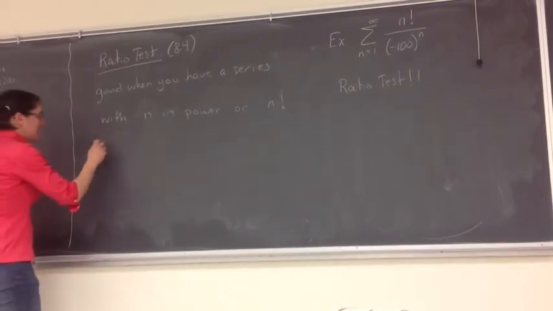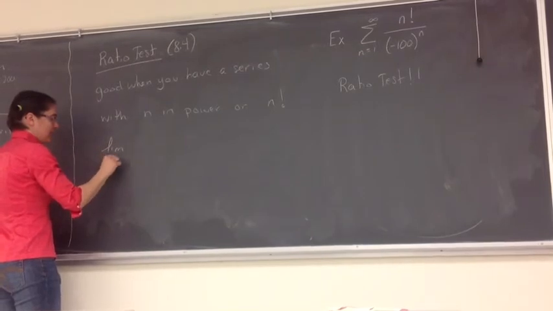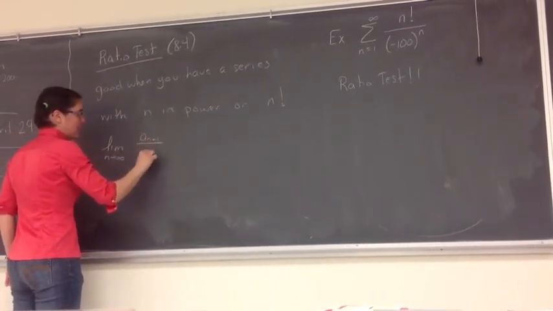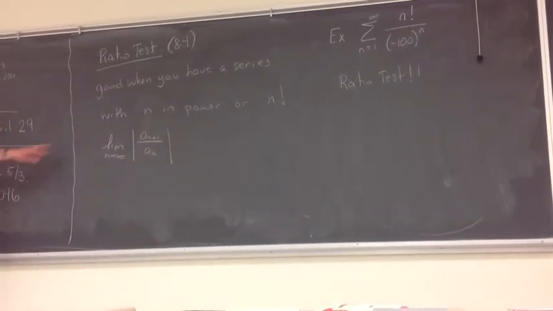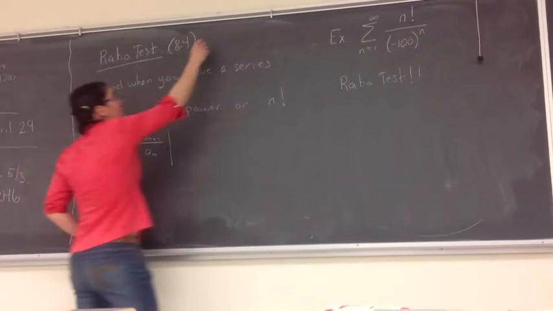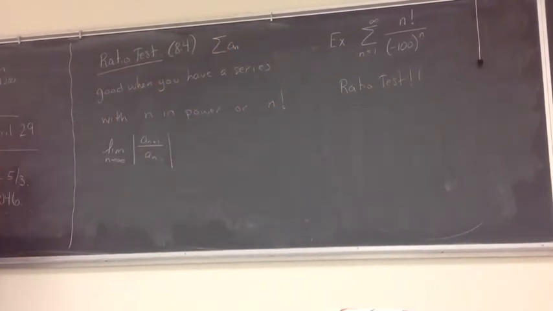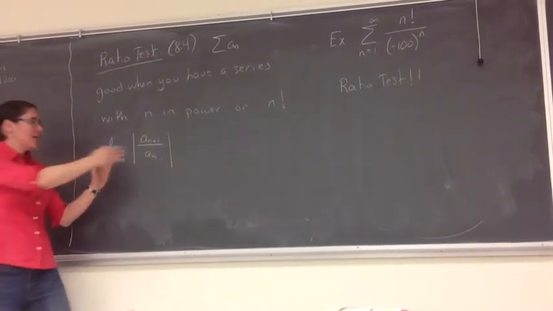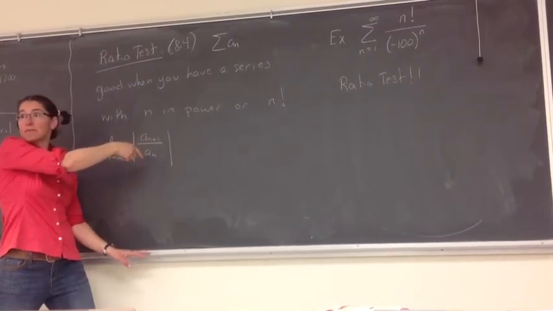Now, what exactly does the ratio test say? We look at the limit as n goes to infinity of the a_{n+1} term over the a_n term. In terms of notation, I'm looking at a series that looks like the sum of all the a_n's, and I want to calculate the limit as n goes to infinity of the absolute value of the n plus first term over the nth term.